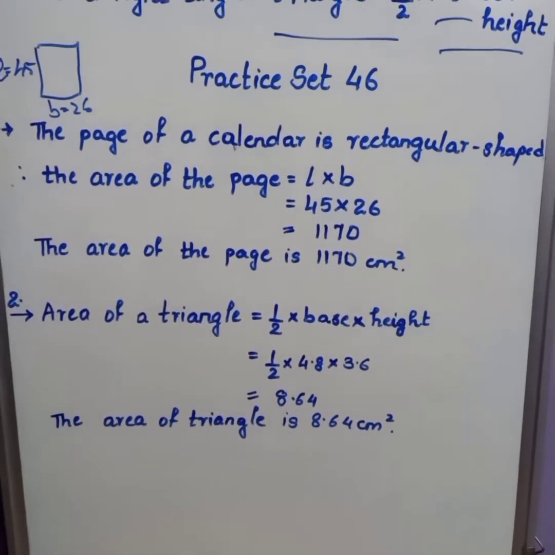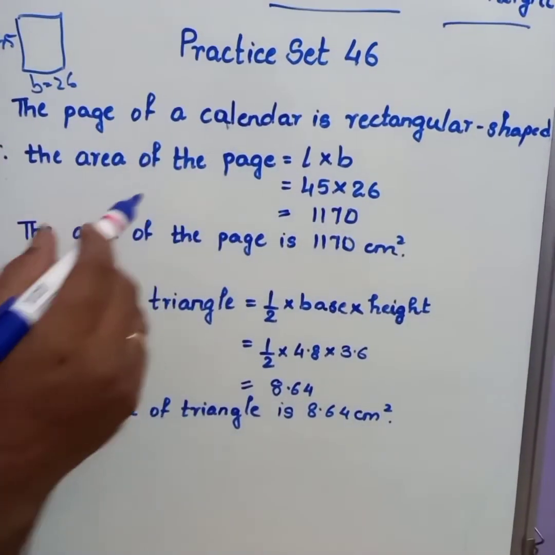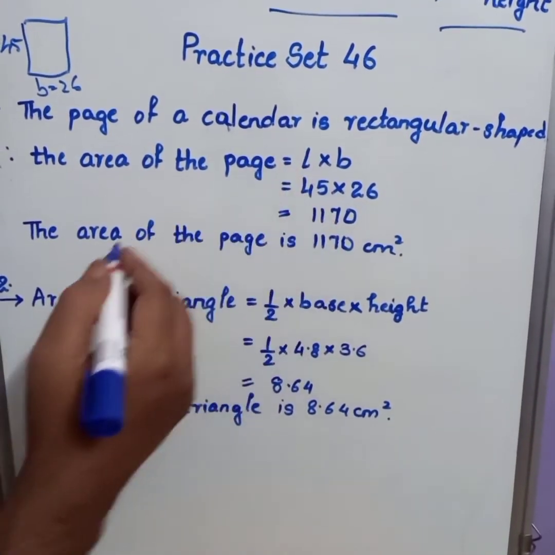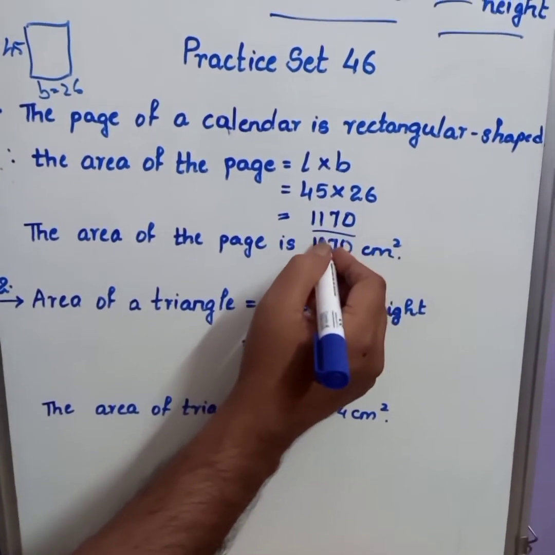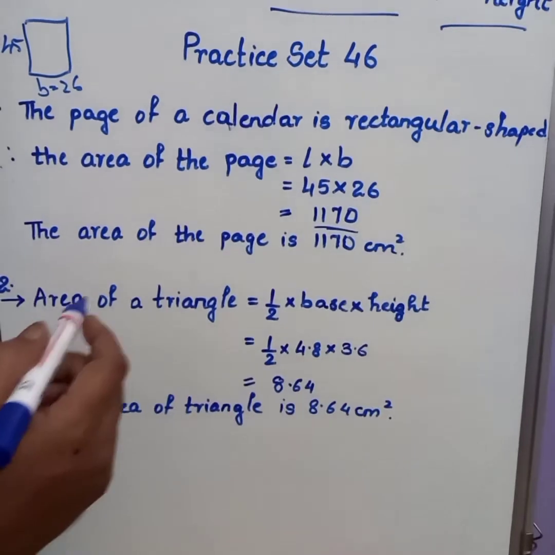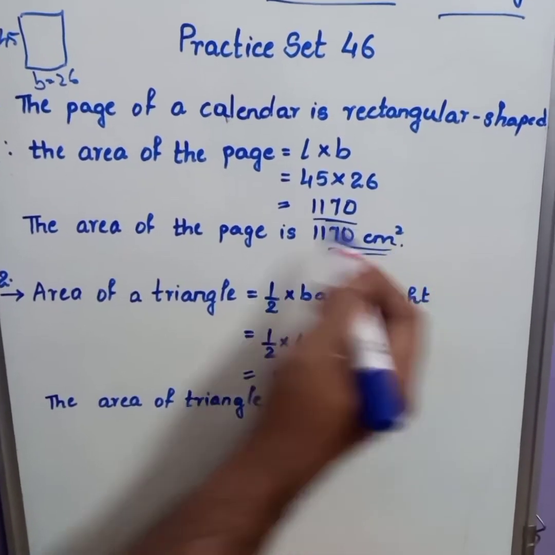We'll consider the page of a calendar to be rectangular in shape. The area of the page is length into breadth. So 45 into 26, that comes up to 1170. So the area of the page is 1170 centimeters square.